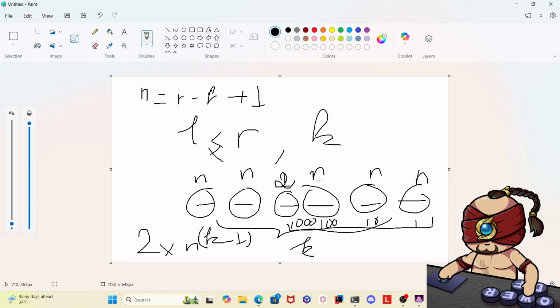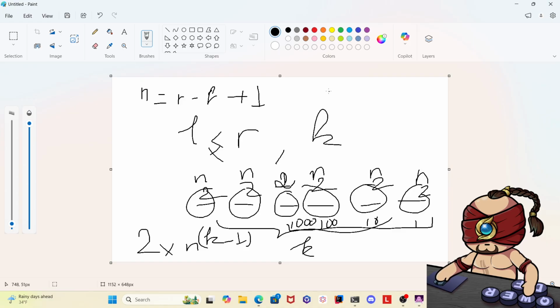So what I'm trying to say is, when you pick a digit 2, how many times does it contribute to the whole sum? So you pick a 2 here, you pick a 2 here, you pick a 2 here, pick a 2 here, pick a 2 here.